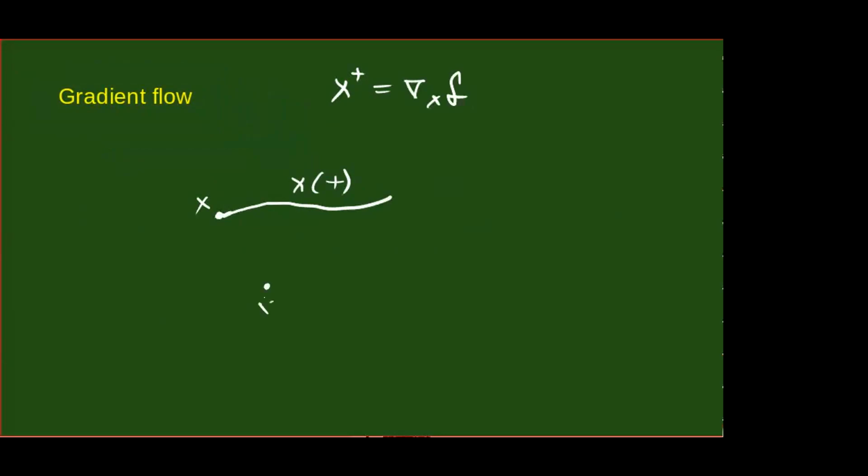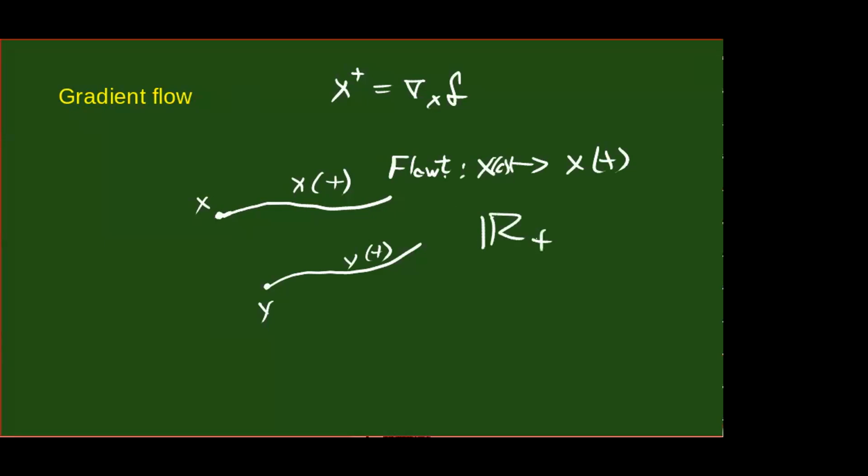Okay, and we may start with another point and get another solution. The map x maps to x of t. You may think of x0 as our flow for time t. So this flow defines an action of the semigroup plus on the space, and it has a number of properties.